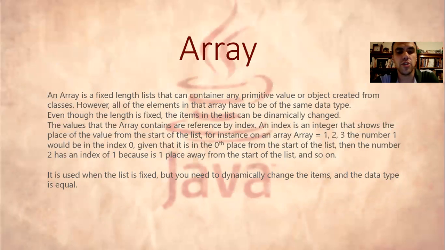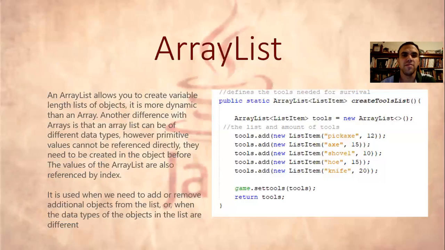The array is used when the list is fixed, but you need to change the items on that list, and also the data type has to be equal. The array list, on the other hand, I said can use different data types, and it is also more dynamic than the array because the length is also variable.